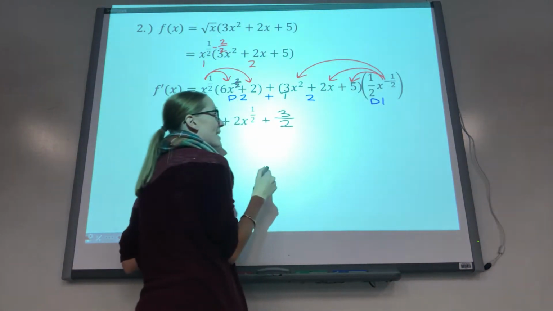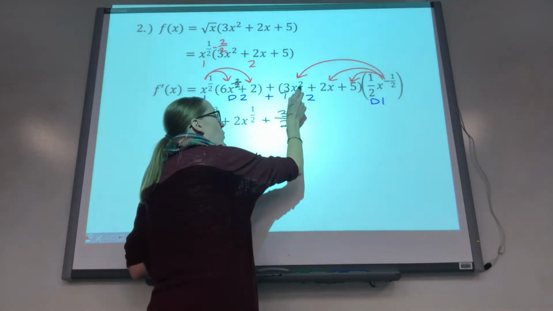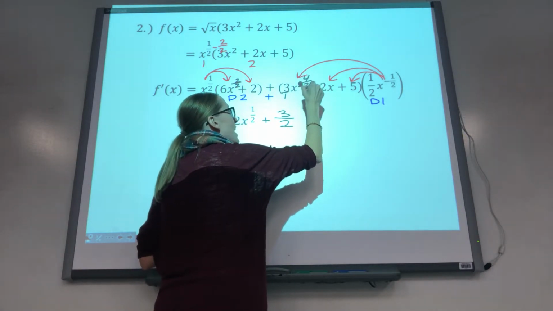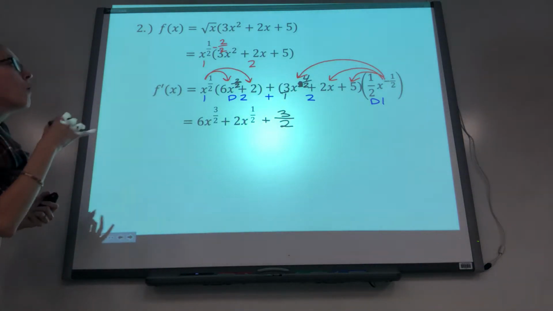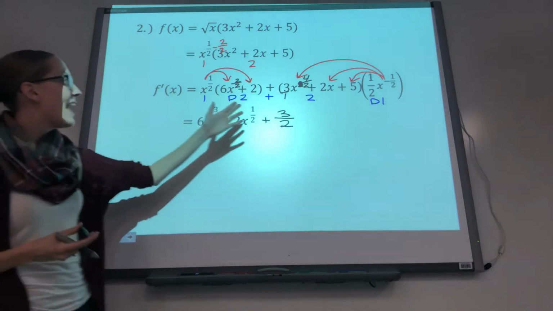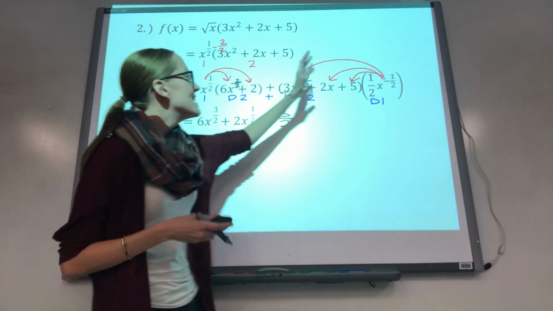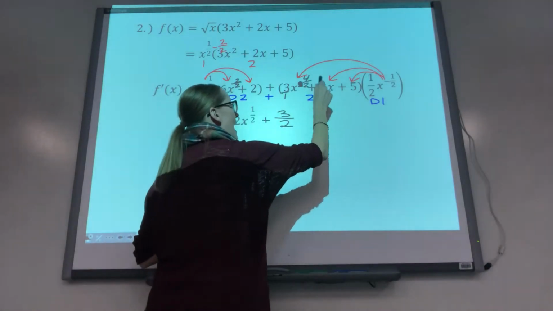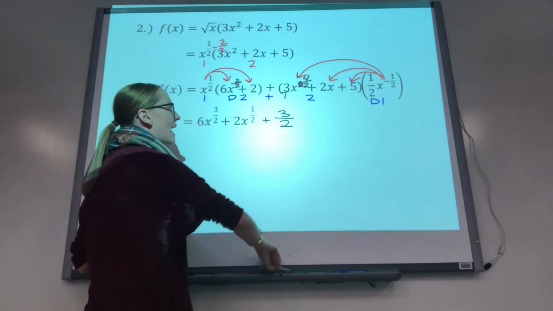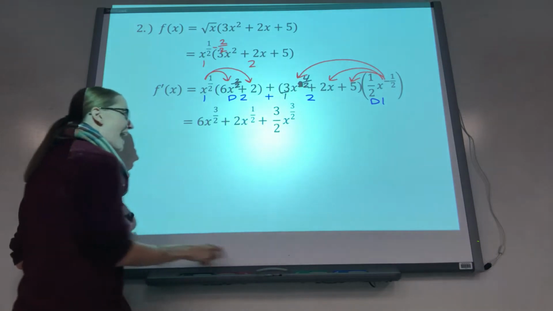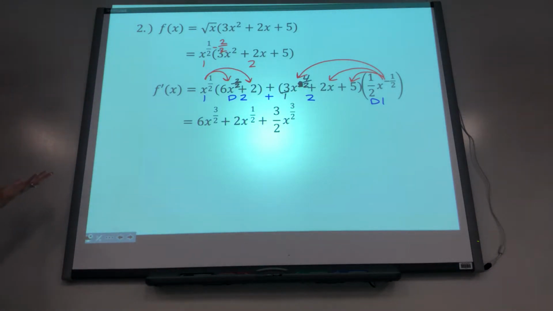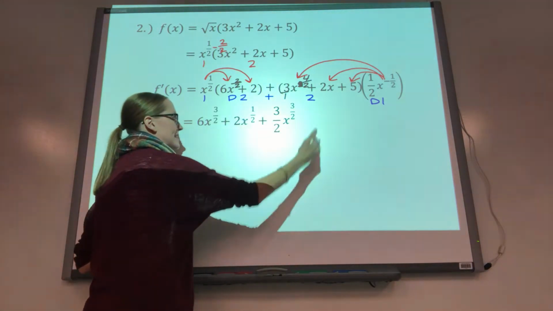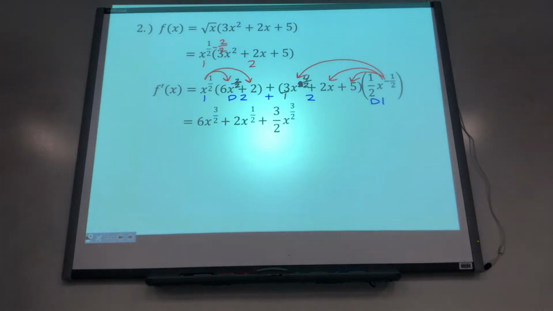This has a denominator of 2, which means I want this to have a denominator of 2. So I'm going to change that to a 4/2 power. x to the 4/2 times x to the negative 1/2. If you add those up, you'll get x to the 3/2 power. Again, the fractions look kind of funky on PowerPoint, but this is 3/2 x to the 3/2 power.